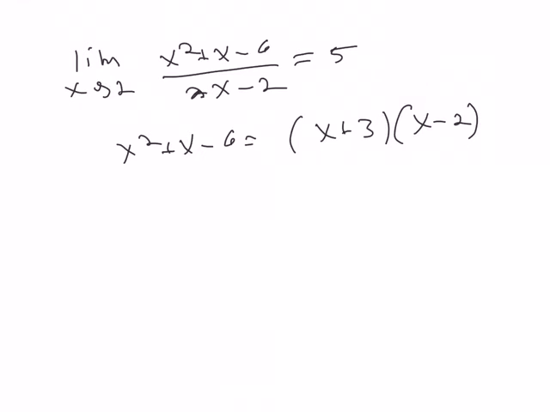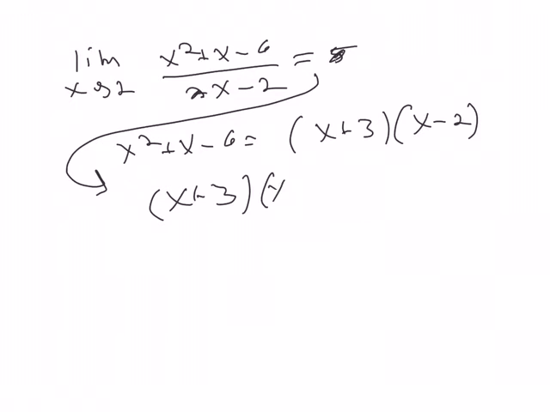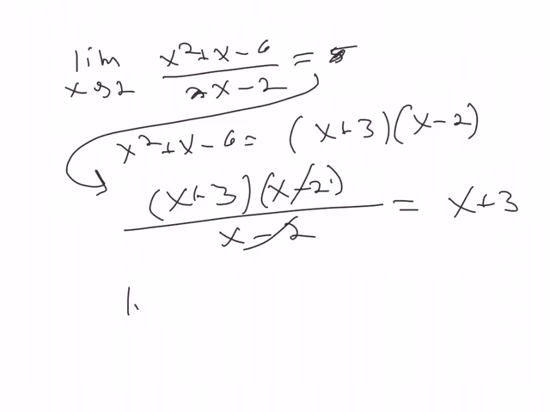So this is x plus 3 times x minus 2 over x minus 2. These cancel, so this is equal to x plus 3, taking the limit as x goes to 2, which is 5. So this limit is equal to 5.